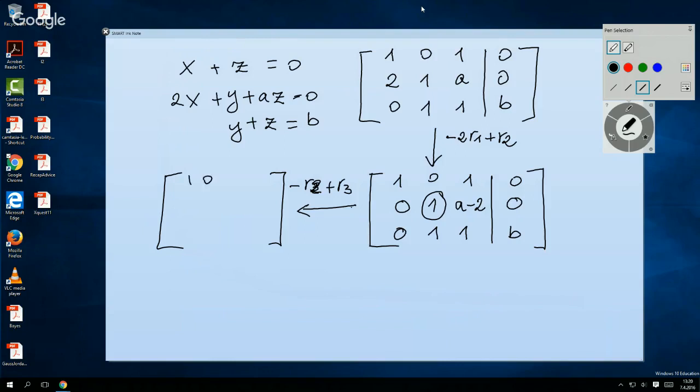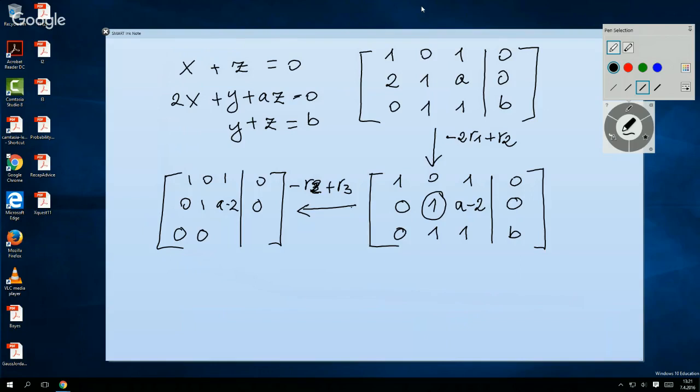The first row does not change. The second row does not change. Okay, what happens to the third row? I get 0, 0, and then I have 1 minus a plus 2.